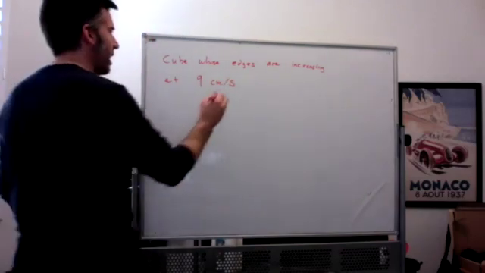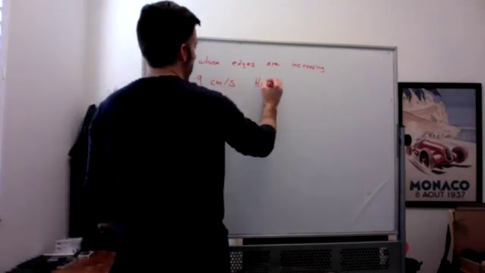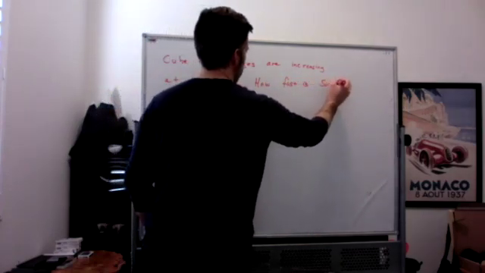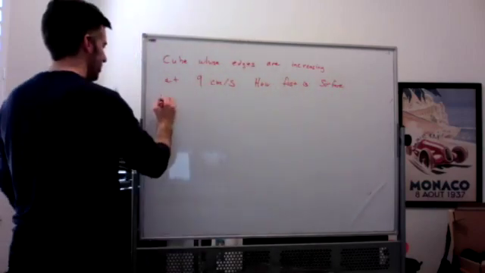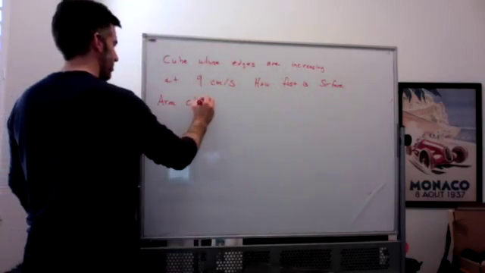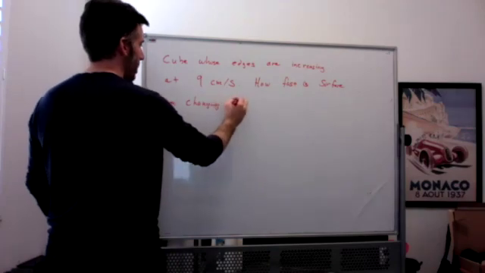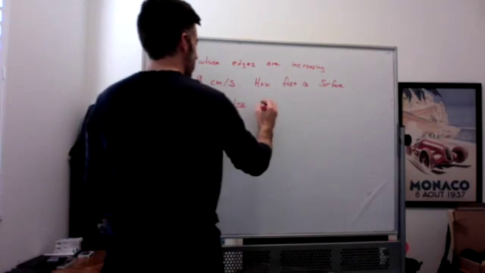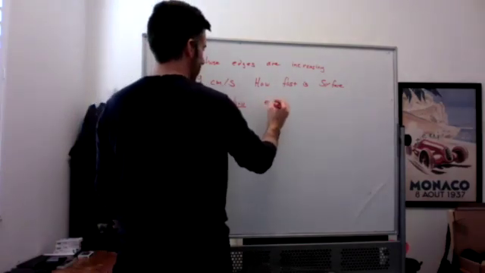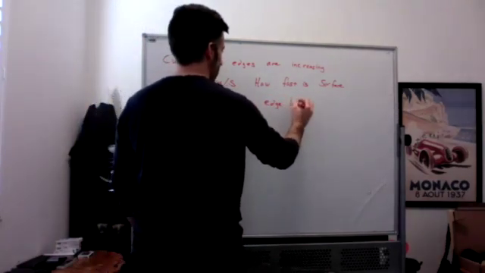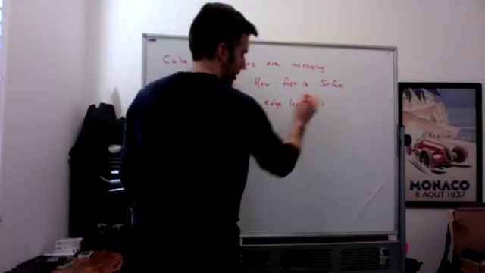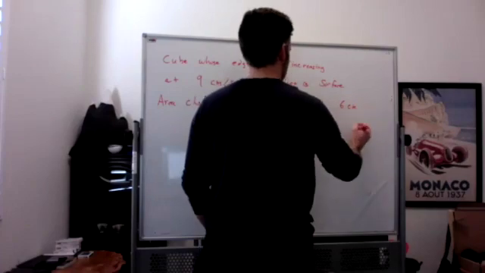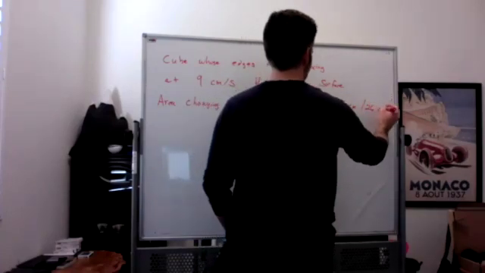And we're being asked how fast is the surface area changing when the side length, the edge length, is 6 centimeters and 26 centimeters.